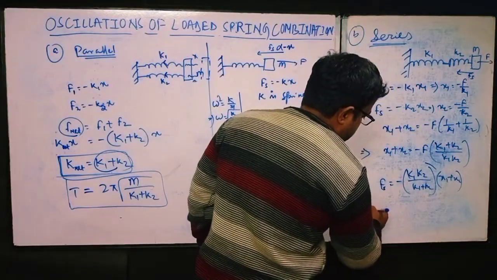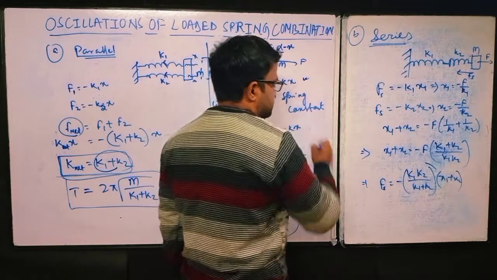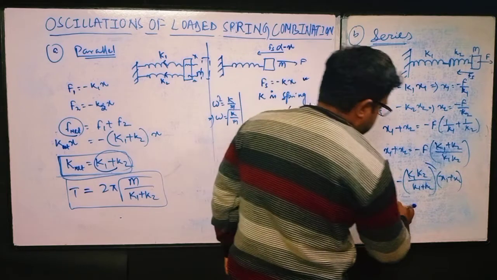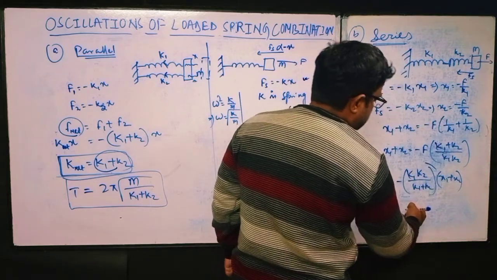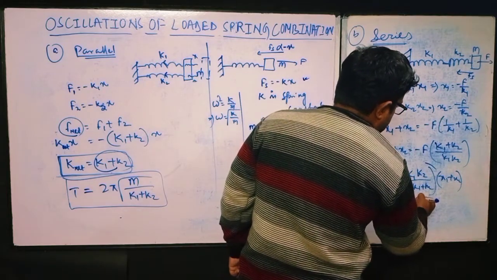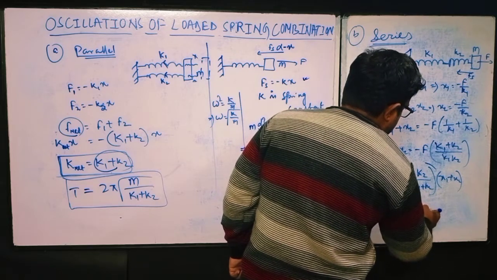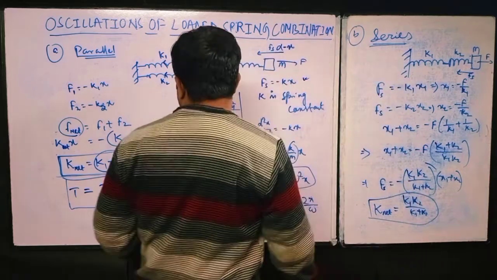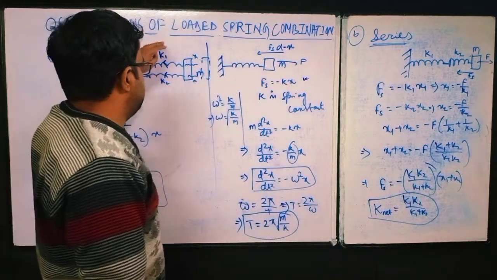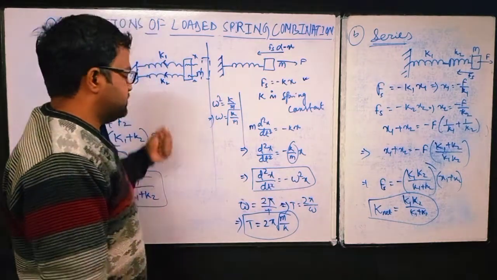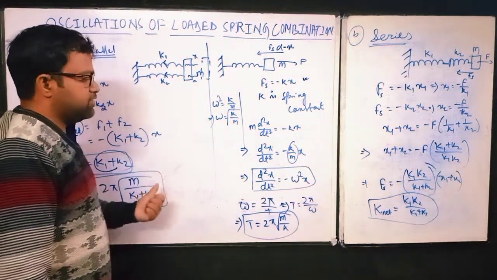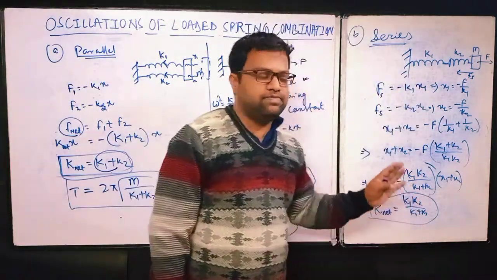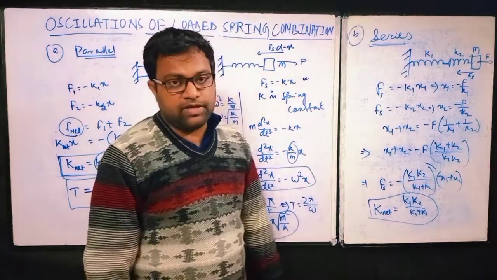So if you compare with the original equation, your K net, or total spring constant of this combination, will become K1 K2 by K1 plus K2. So remember one thing, if springs are connected in parallel, it is simply K1 plus K2. If springs are connected in series, then the spring constant is K1 K2 by K1 plus K2.